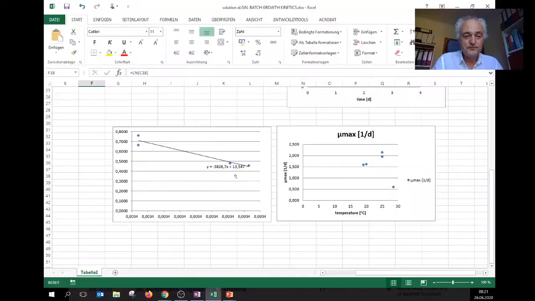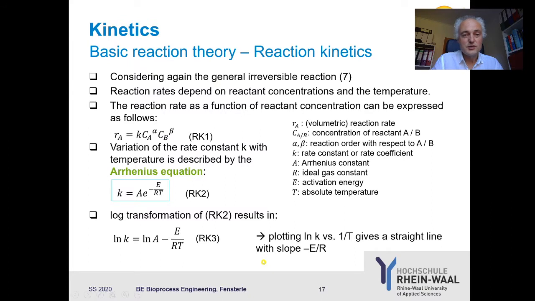And then we plot this line, and you might remember, this was based on this equation here. I told you to just use this Arrhenius equation and substitute the k with the specific growth rate, because this is the rate constant or rate coefficient, which gives you the speed of the reaction. And this is the specific growth rate. The log transformation is the linearization.